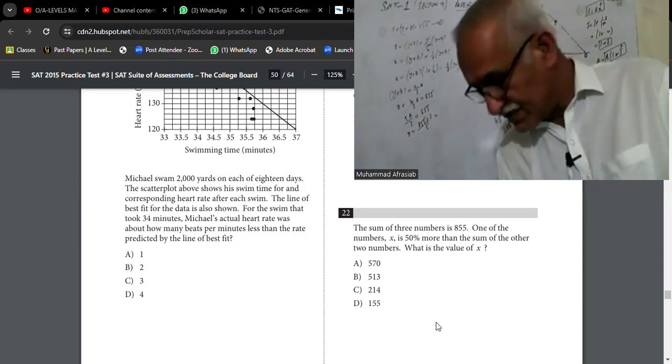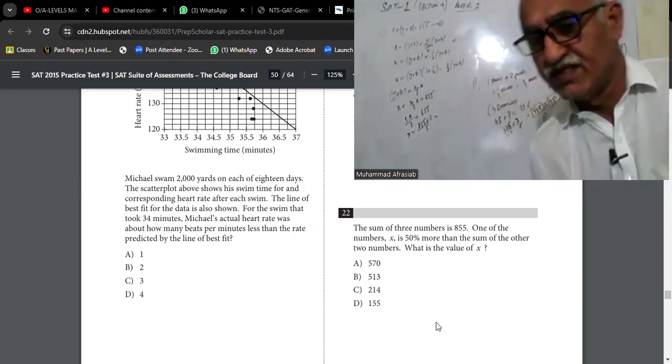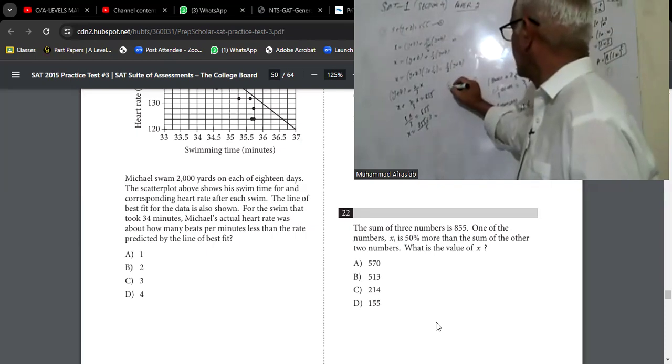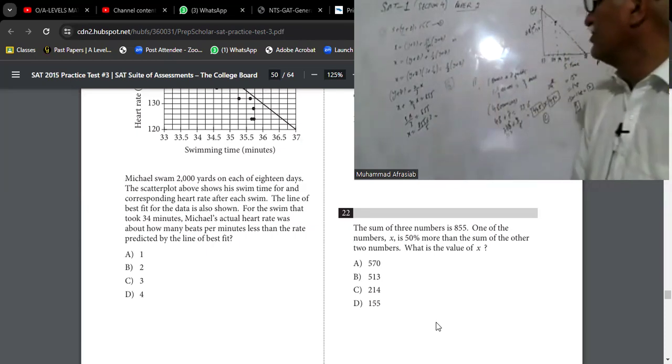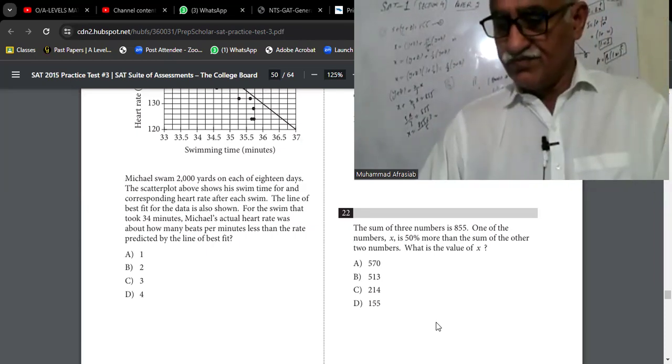So 513 is the answer, the B choice. So B is the right choice for this question number 22.